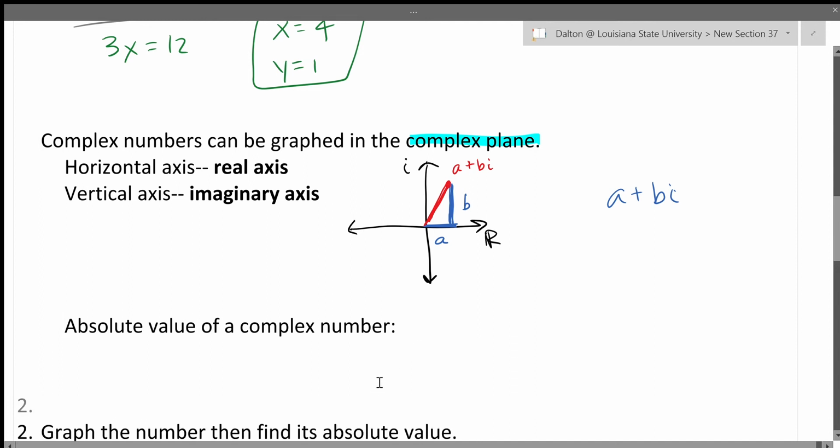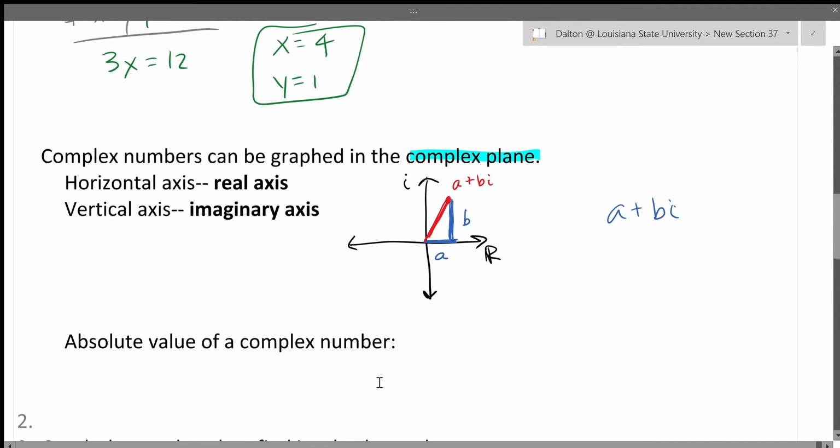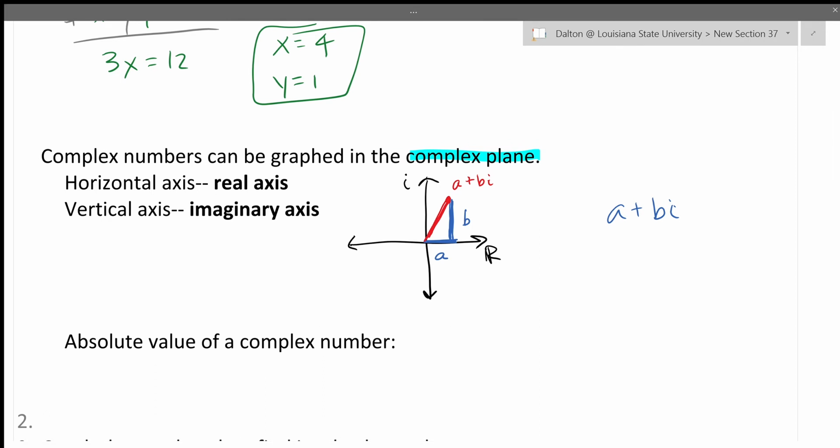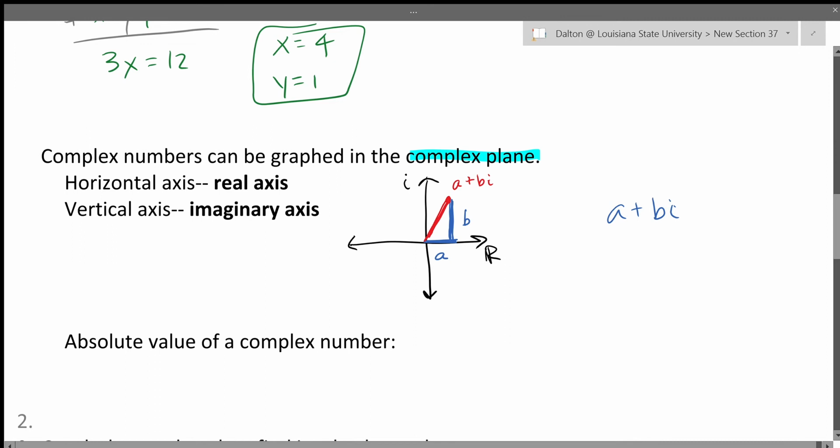When we're dealing with complex numbers in the rectangular plane, this is referred to as absolute value. If I give you a complex number z, and I tell you that it's a plus bi, then the absolute value of z is going to be the square root of a squared plus b squared.